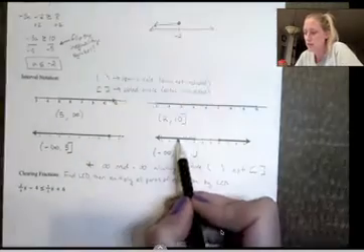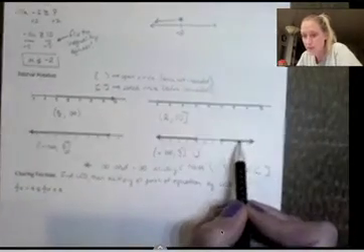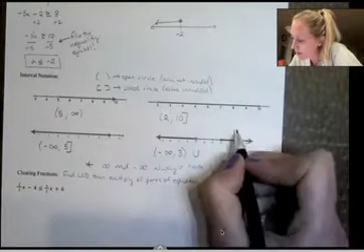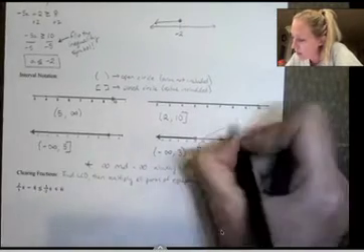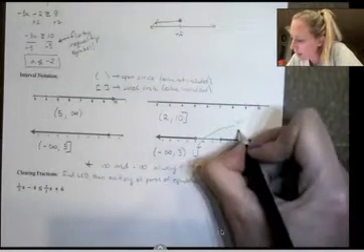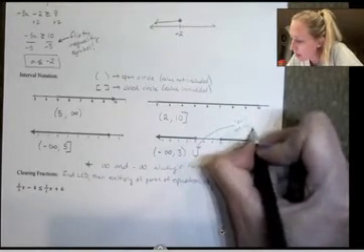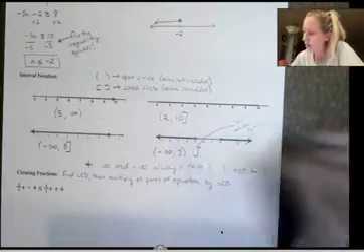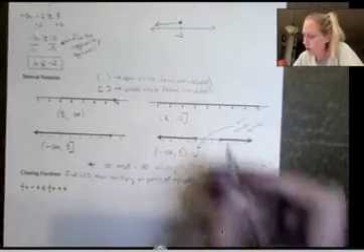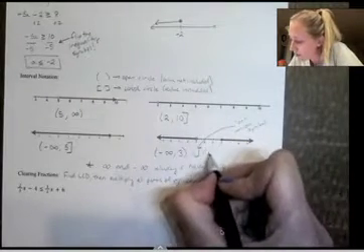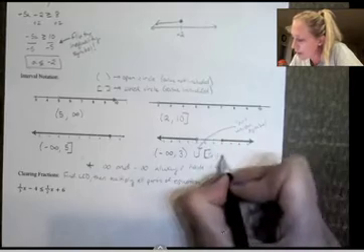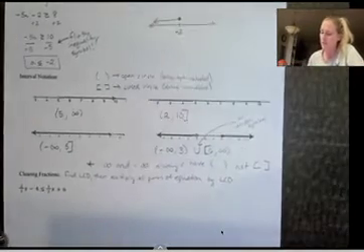It's not possible to be less than 3 and greater than 6, so we say or, but it's called a union symbol. So it's saying we have solutions from negative infinity to 3, or from 6, sorry, that one should be a bracket because it's a closed circle, to positive infinity.